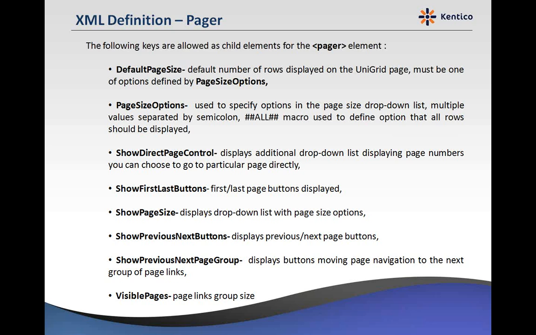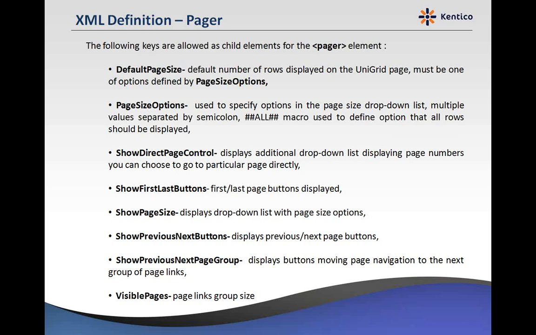The default page size should be one of the options defined in the page size options. The page size options allows you to define the size of pages. You can even use the all macro again to include the all option within the drop-down list to display all items at once.